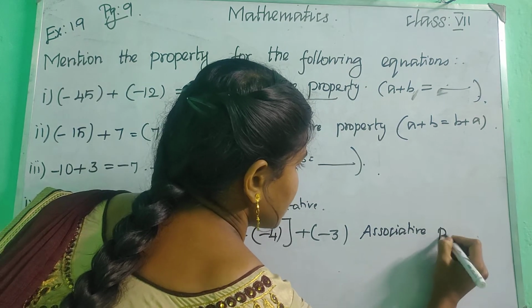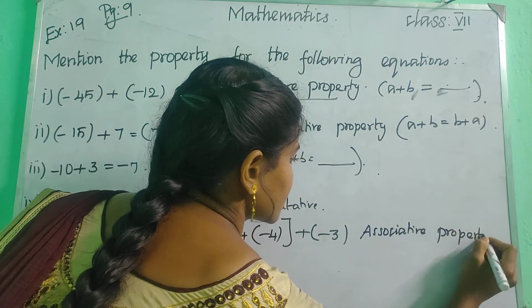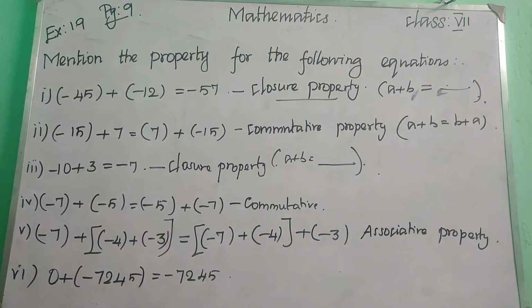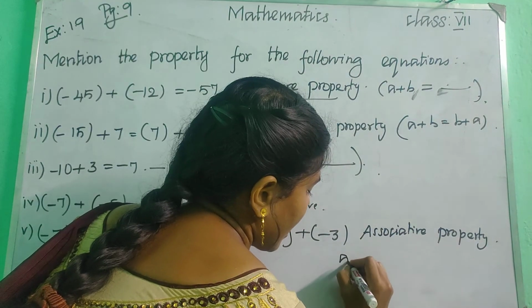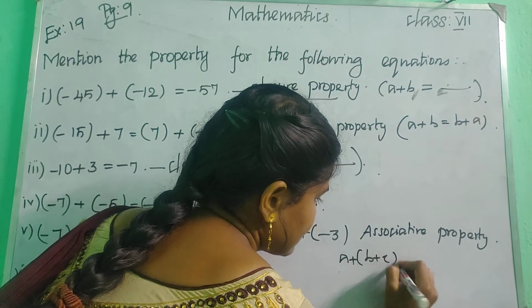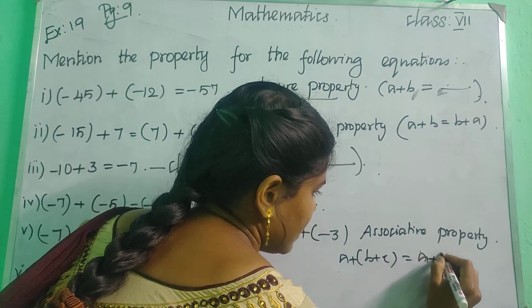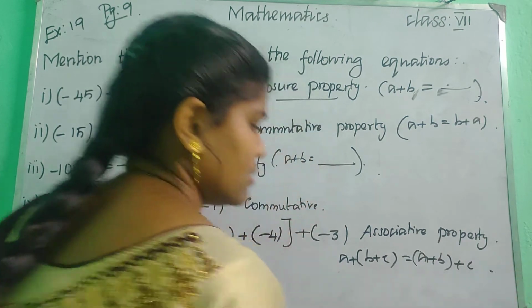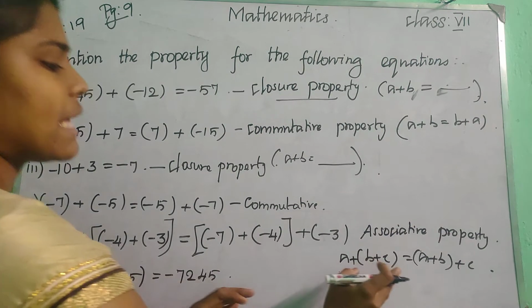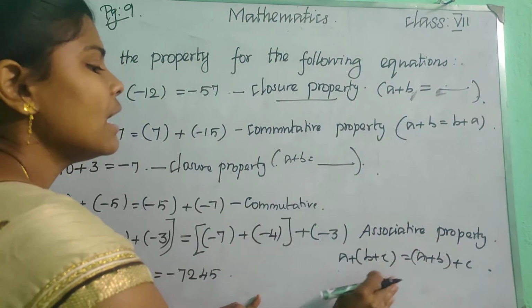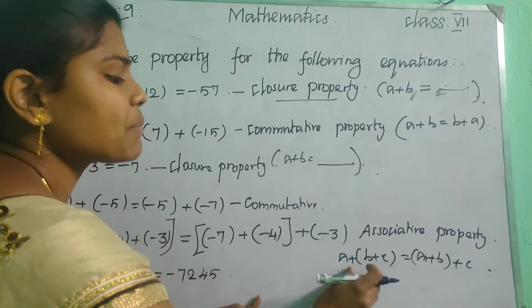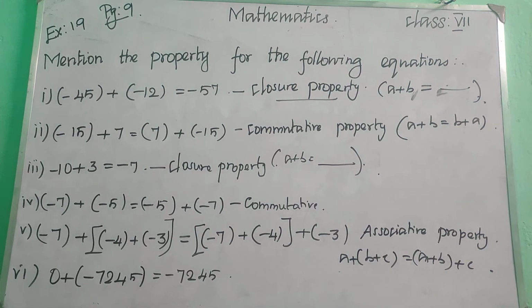Associative property means it will be in the form of A plus B plus C equal to A plus B plus C. We have the same integers on the left side and the right side, but the brackets differ. That is called associative property.